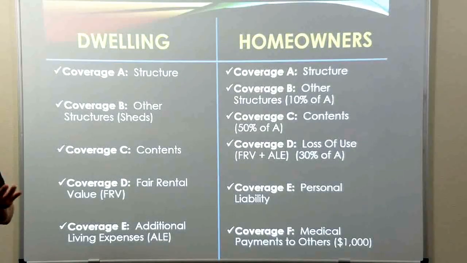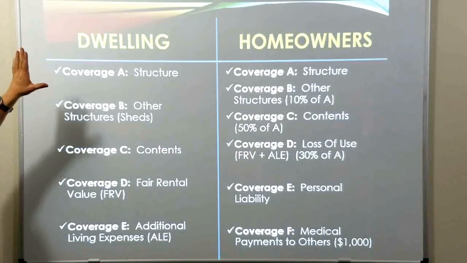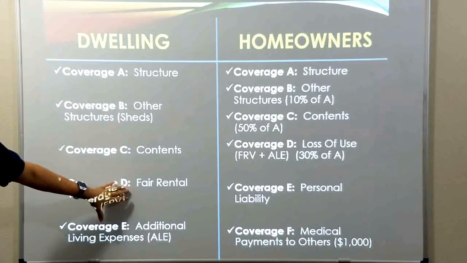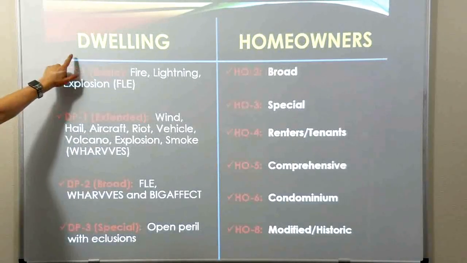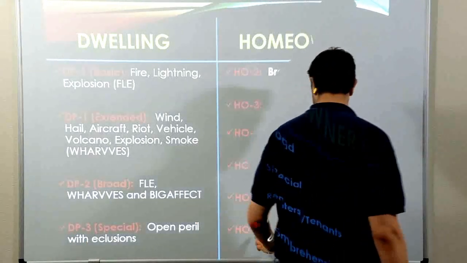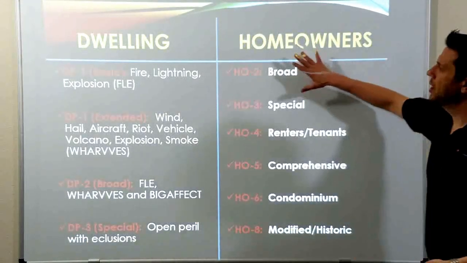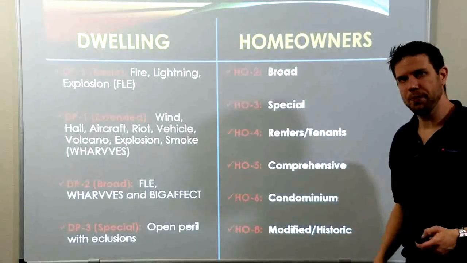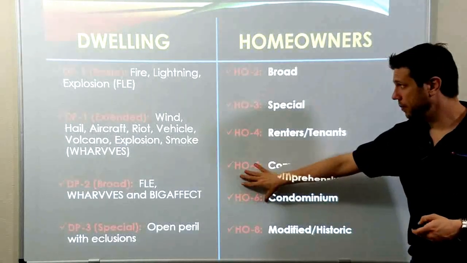Now, each policy has coverage letters. The names, basic, broad, and special, HO2, HO3, HO4, HO5, HO6, HO8, told you what the house, the structure, was protected against.